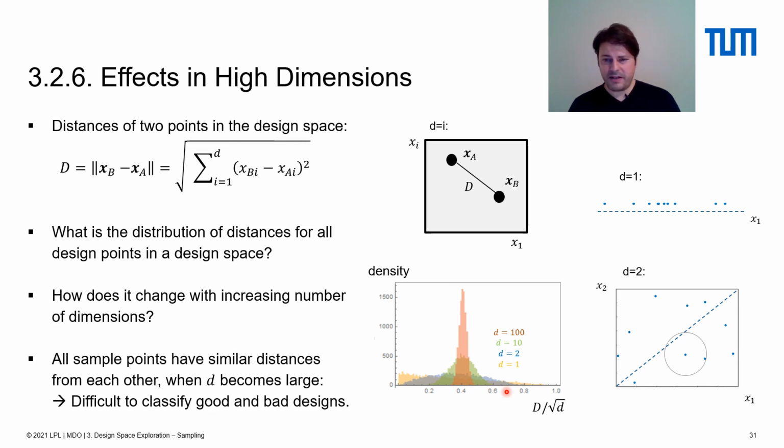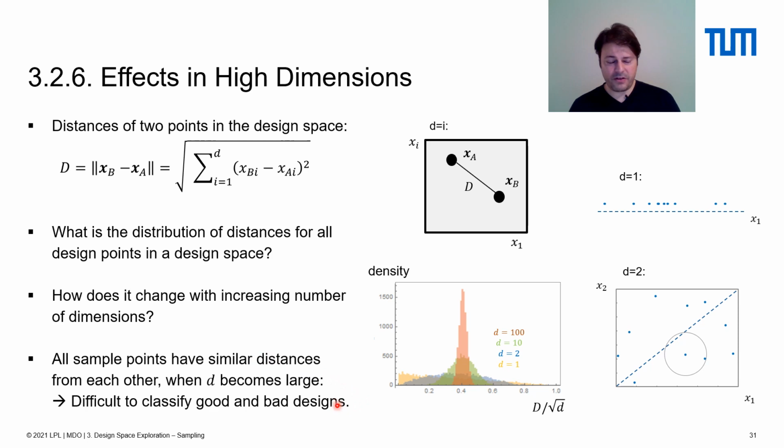We will provide a MATLAB code on Moodle that you can execute in order to produce these graphs here and study it yourself. So the consequence of this is that all sample points in high-dimensional spaces have similar distances from each other.